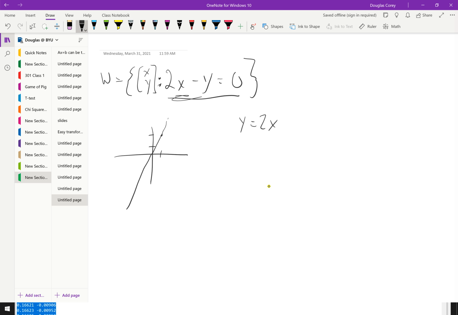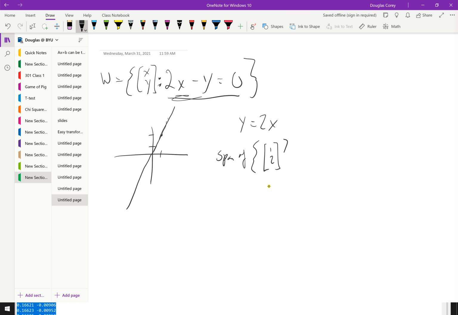Okay, so we can do this right from the geometry. I see that this line is the span of any vector on that line, any non-zero vector. So let's pick (1, 2).